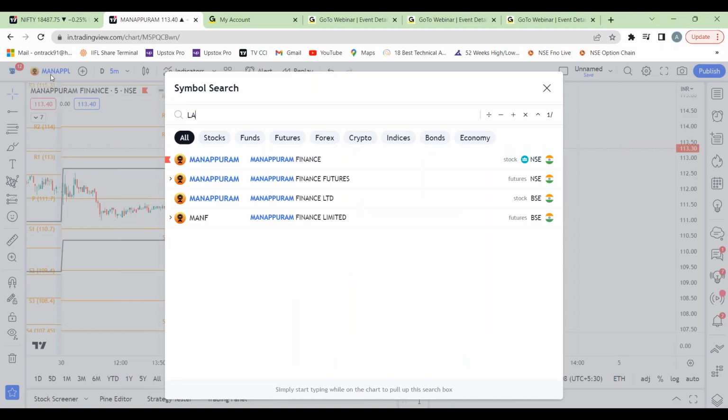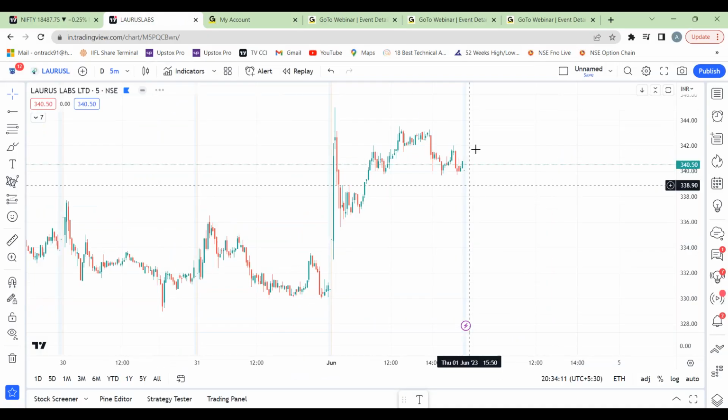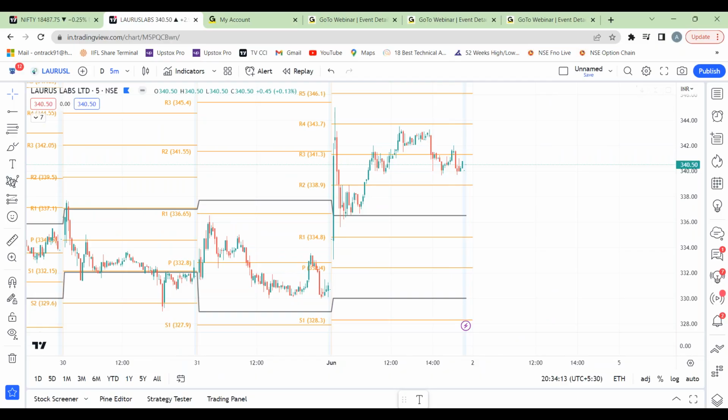We saw Laurus Labs today, right? We took a Laurus Labs buy trade today. What happened? See, right at opening, stock moved above previous day high and it shot up one-sided. This is what can happen when stock breaks previous day high.